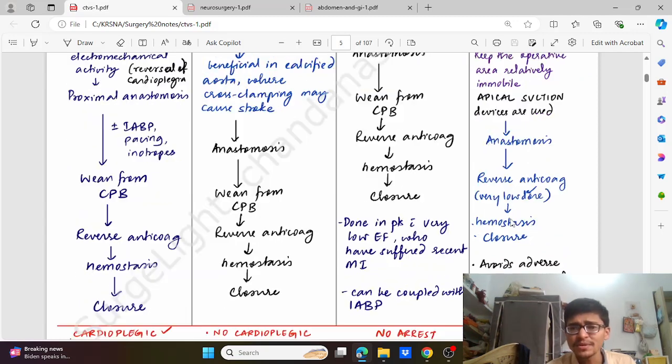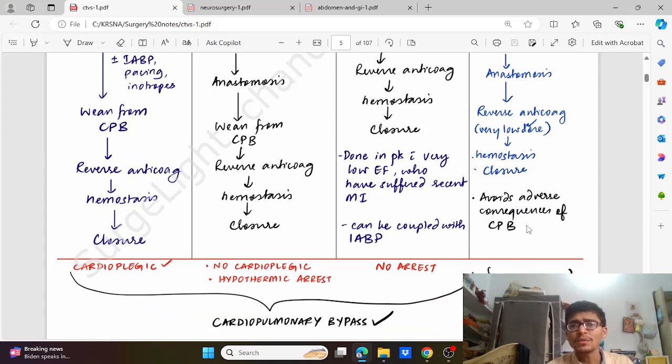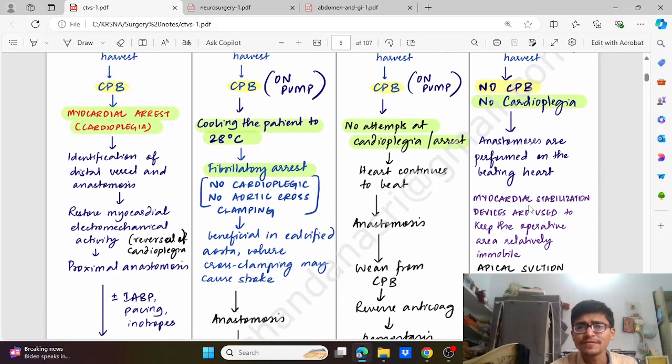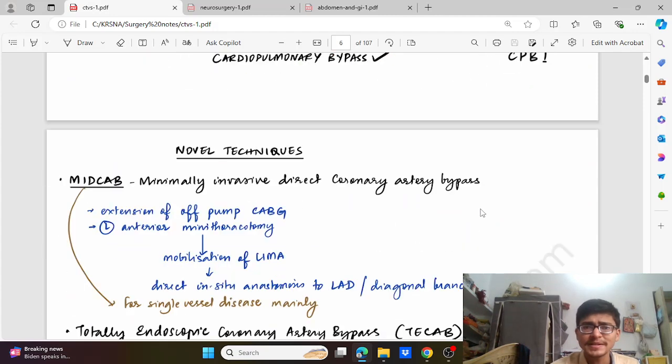We anastomose, reverse anticoagulation at a very low dose, hemostasis and closure. It avoids the adverse consequences of the cardiopulmonary bypass. So in the last one, off pump CABG, we do not use cardiopulmonary bypass.